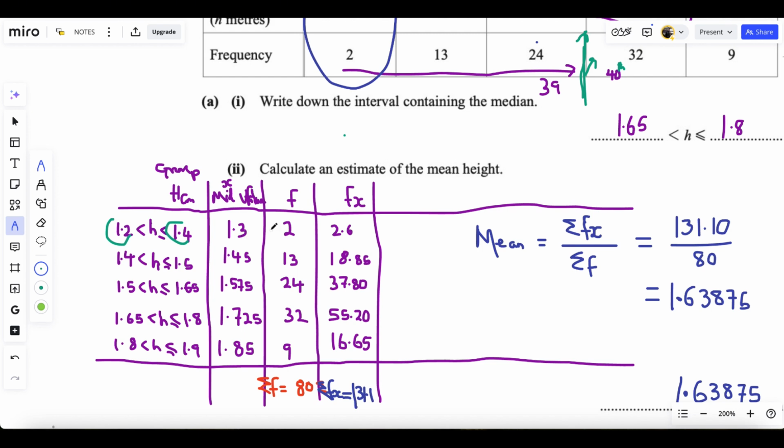Right? So we write down the frequency. I already gave you 2, 13, 24, 32, and 9, so we just repeat what is given.